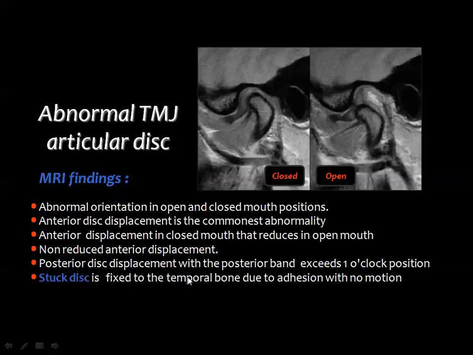Posterior displacement of the disc is when the posterior band exceeds the 1 o'clock position relative to the head of the mandible. And by the word stuck disc, it means that the disc is fixed to the temporal bone due to adhesion with no motion at all.